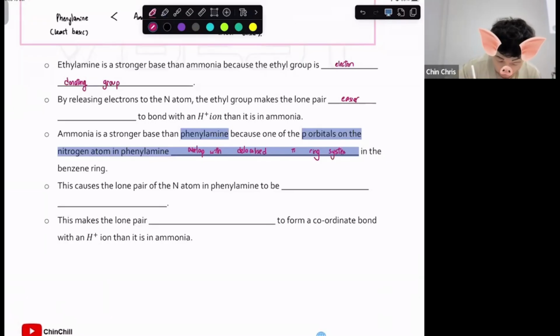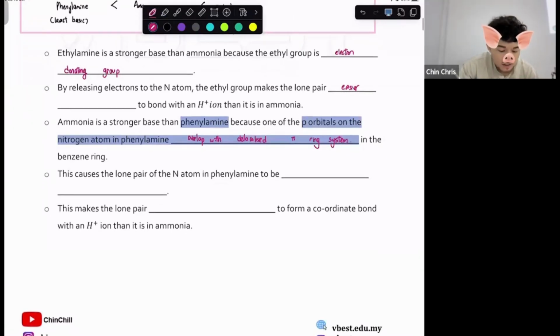So this causes the lone pair on the nitrogen in the phenylamine to be less able to attract a H plus. This makes the lone pair harder to form a coordinate bond. That's it.